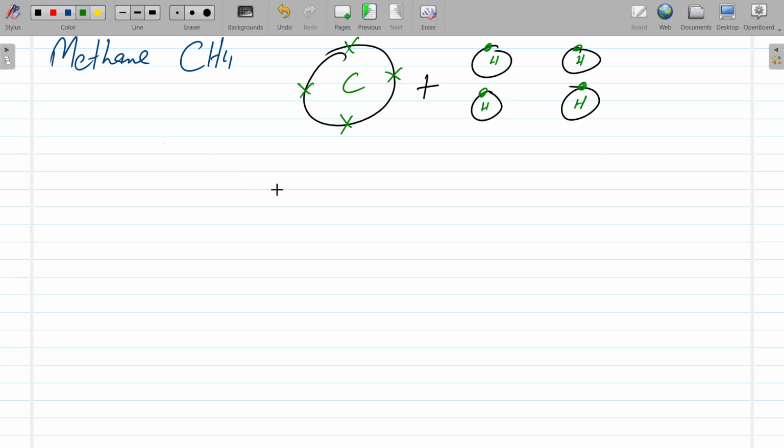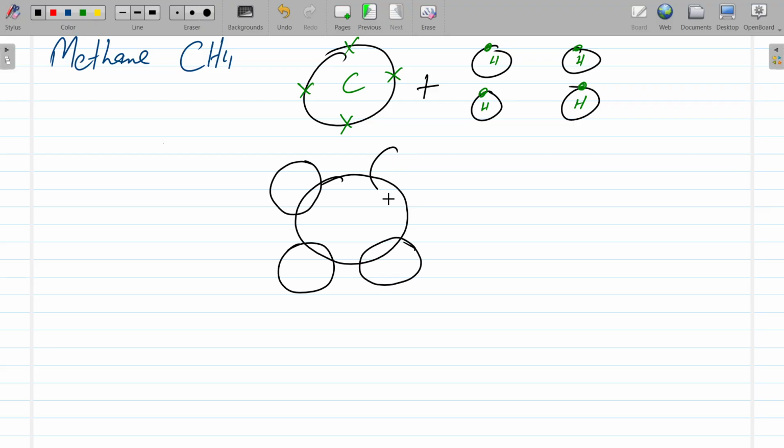And what do you get? You get something that looks like this. And you have carbon sharing all of its electrons.